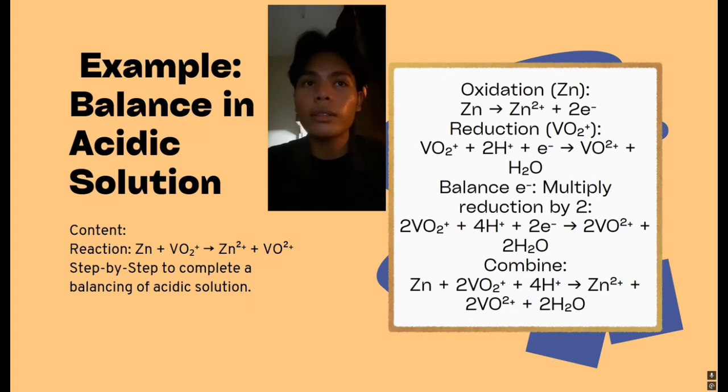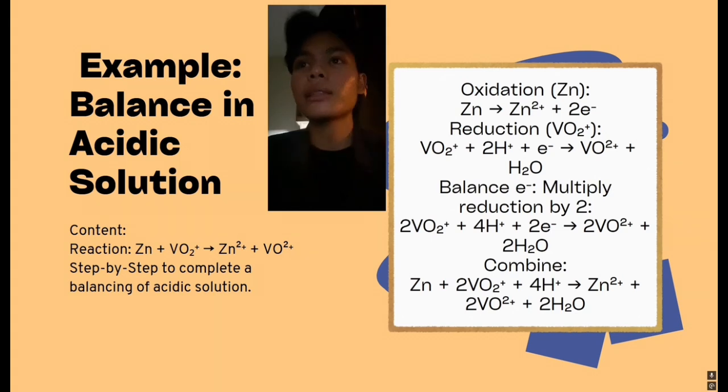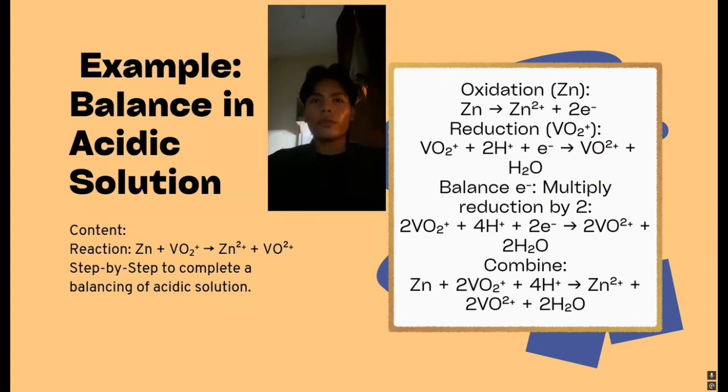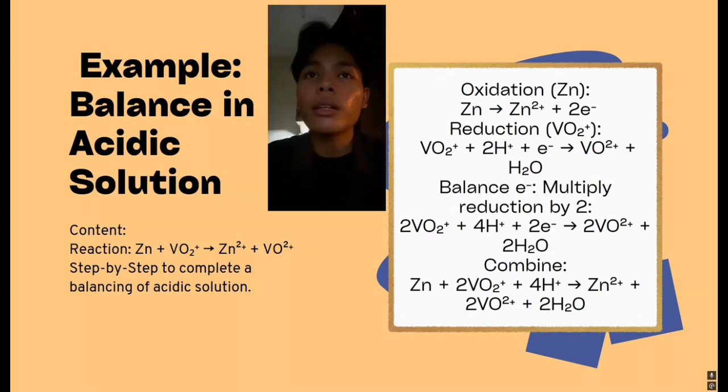First, we have the reaction of Zn plus VO2+ turning into Zn2+ plus VO2+. For oxidation, Zn loses 2 electrons, so it becomes Zn2+. So then you put plus 2 electrons.